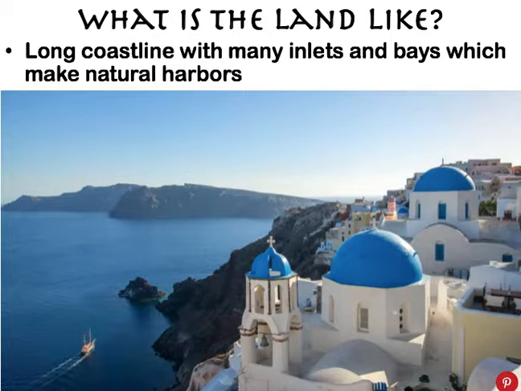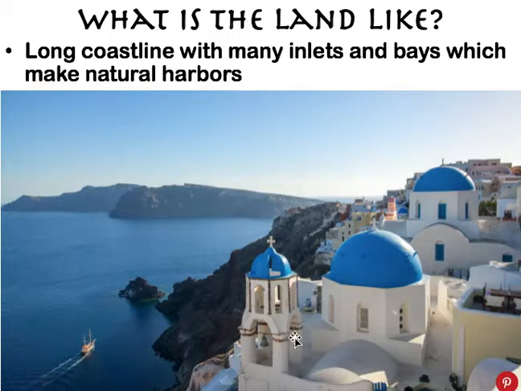A very long coastline with inlets and bays that make natural harbors. A harbor is a place where boats can go and dock close to land, where the water is deep next to land. Usually if you have rocky land, that will lead to cliffs and deep water near the land. And that means that a lot of boats can come in, and that means a lot of trade.